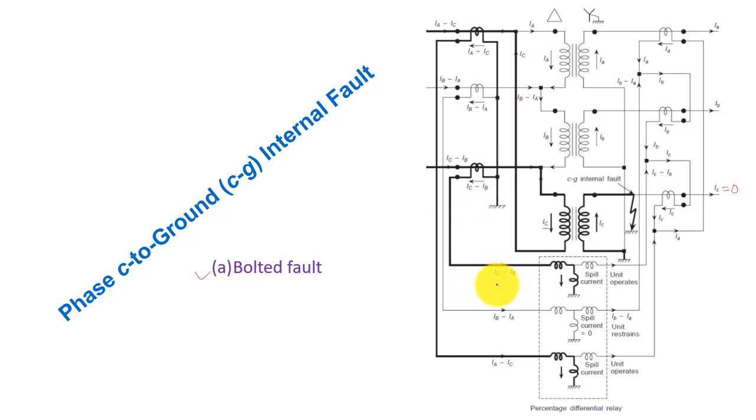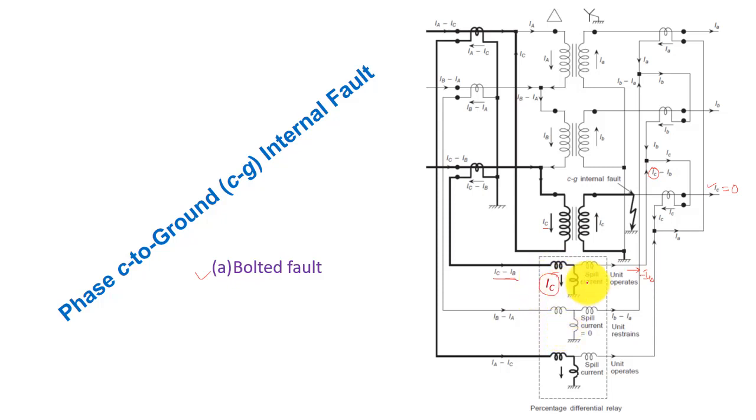Now what will be the current in this line? This current is IC minus IB, but in this branch as IC is equal to 0, this will become 0. So only minus IB will flow here. As minus IB will flow, there will be a spill current that is equal to IC.